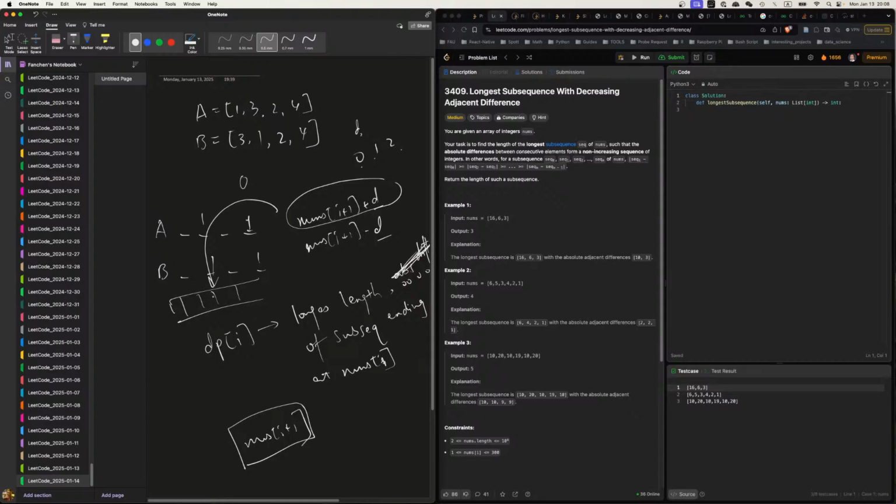I need to know if this difference is smaller or equal to that difference.